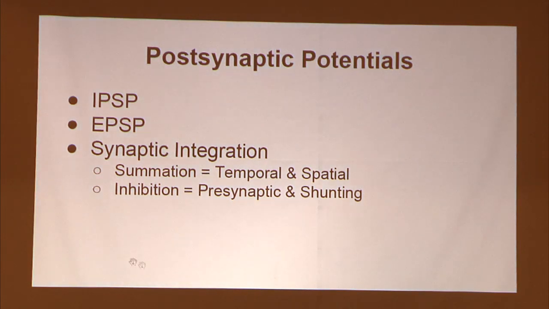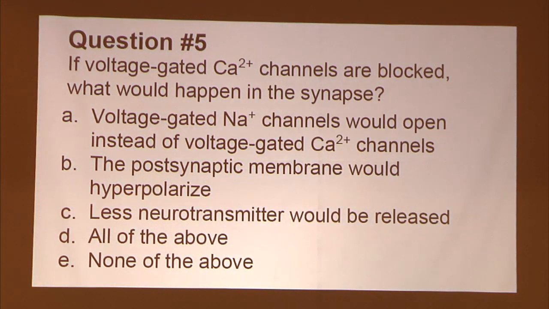Then we also have inhibition, so we can shunt it, stopping the neuron from firing with another neuron, and send those IPSPs in other areas to stop an action potential from forming in the other neuron. I should have had a picture with that, it would be better, but it'll be okay.